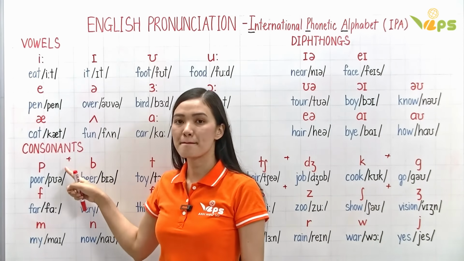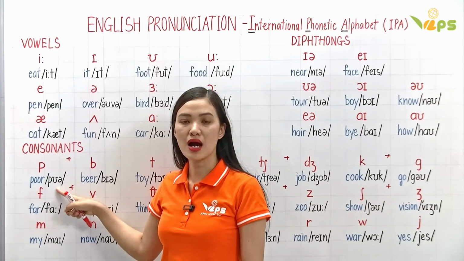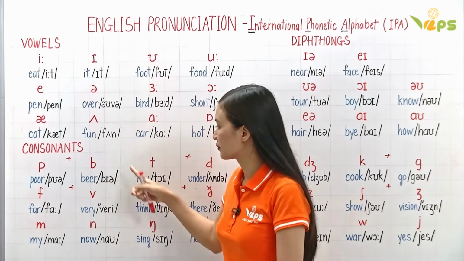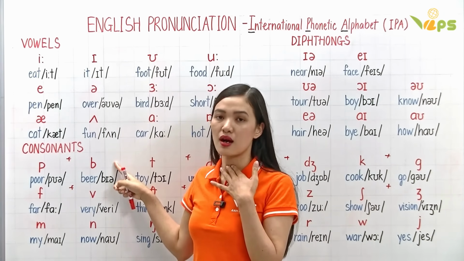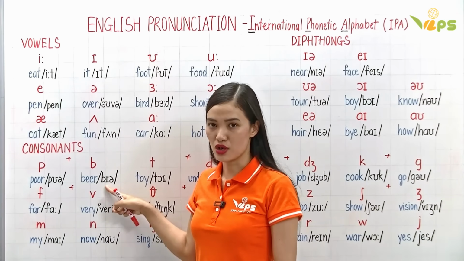This one, P, poor. This one with vibration, B, beer.